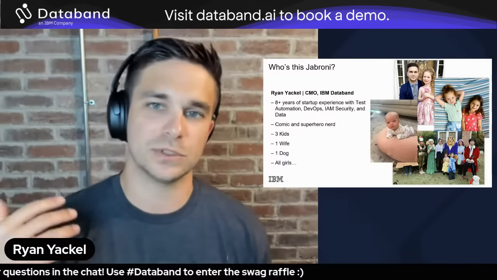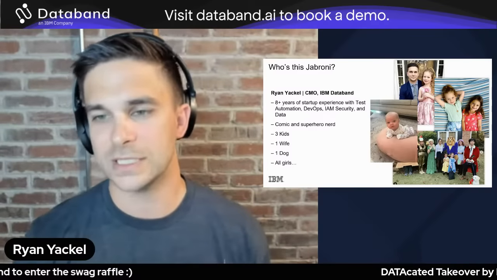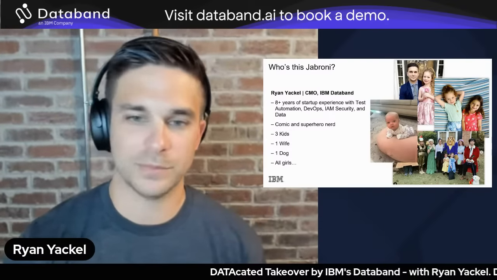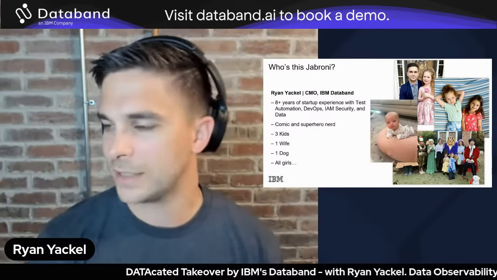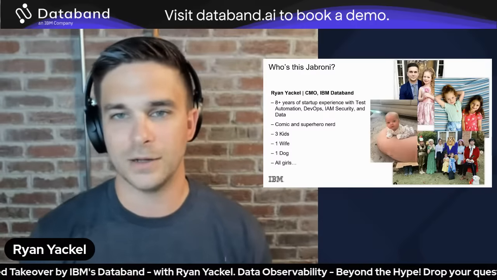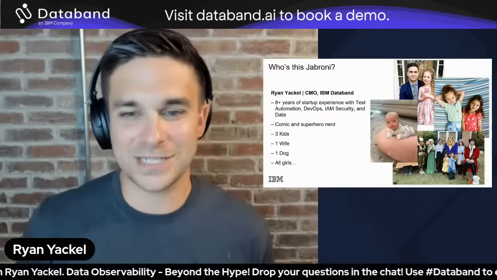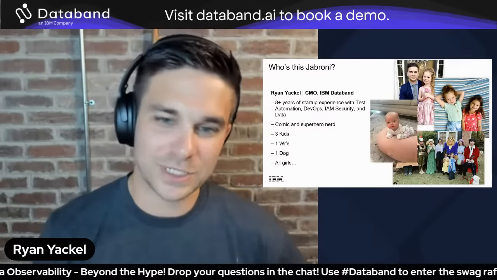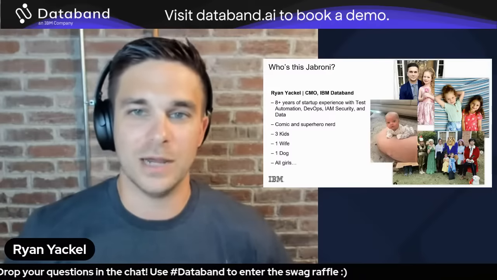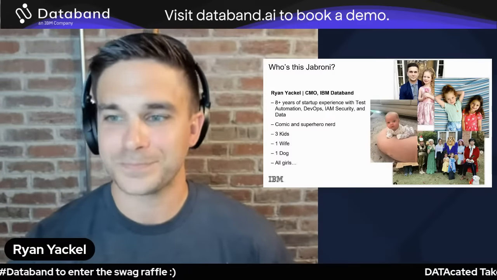We've been able to really bring this observability message to a lot of our clients who are dealing with reliability issues and also data quality issues. I'm also a comic hero nerd, so if you want to talk to me about Batman or Superman or Wonder Woman or whatever, I'm happy to talk to you about that. That's probably one of my biggest passions outside of coffee. And then I've got 3 kids, obviously 1 wife, 1 dog, and all of them are girls. So I'm pretty much outnumbered in the Yackel household.